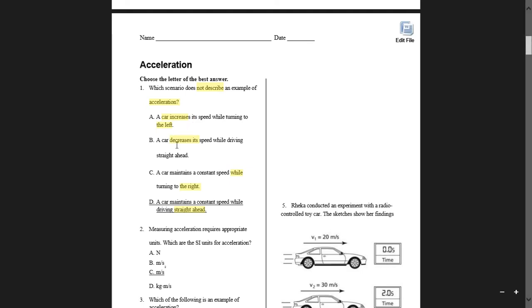In the second one, the car's speed decreases, also acceleration. In letters C and D, there is constant speed, but in number C there is a change in direction, while in number D the direction doesn't change, so we will choose the last one.